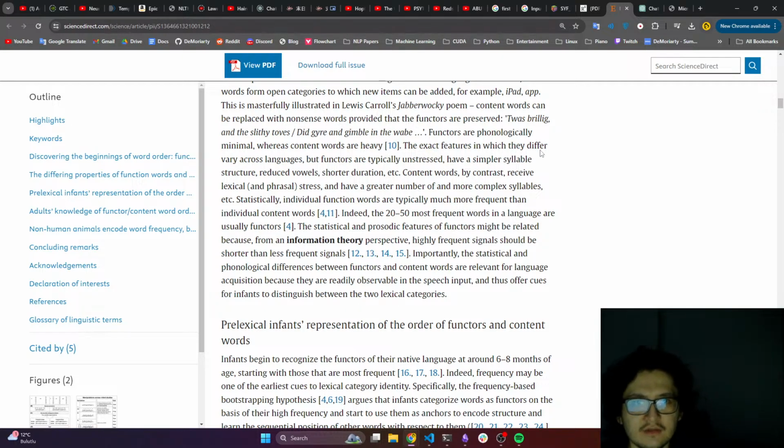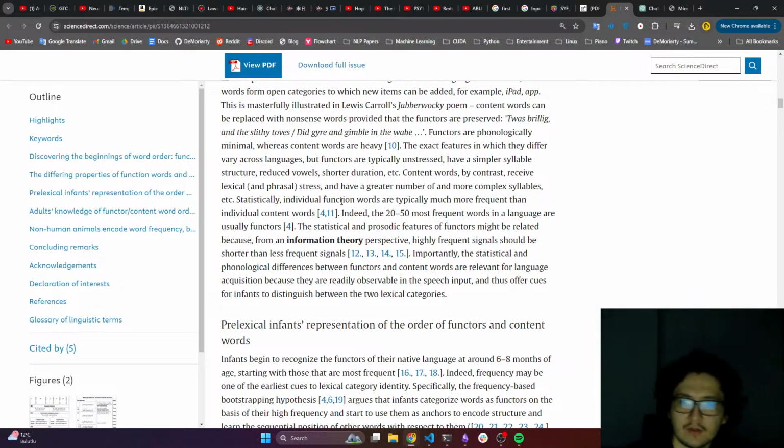The exact features in which they differ vary across languages, but functors are typically unstressed, have a simpler syllable structure, reduced vowels, and shorter durations. Content words, by contrast, receive lexical stress. Statistically, individual function words are typically much more frequent than individual content words. Indeed, the 20 to 50 most frequent words in a language are usually functors.